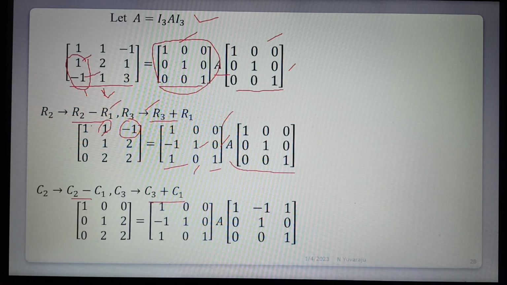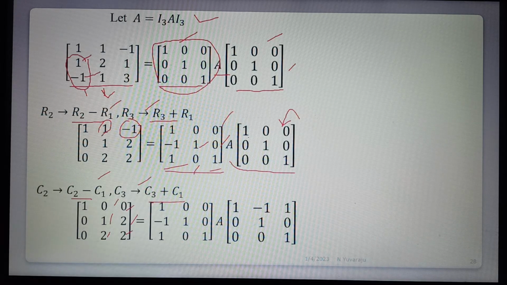That is equal to 1, 0, 0 same; 1 minus 1, 0; 1 minus 0, 1; 2 minus 0, 2. Next C3 plus C1: minus 1 plus 1, 0; 2 plus 0, 2; 2 plus 0, 2. So the same column operation is applied on the first matrices. This one is the same, and this is the two matrices, no change.